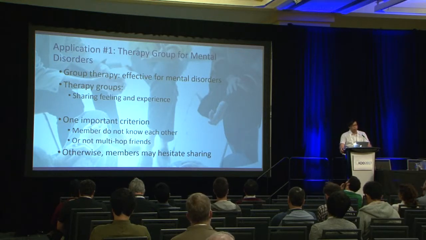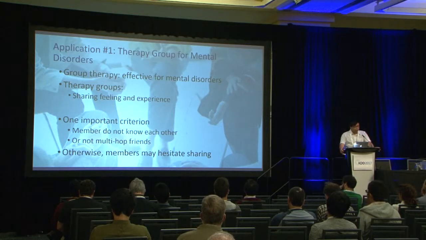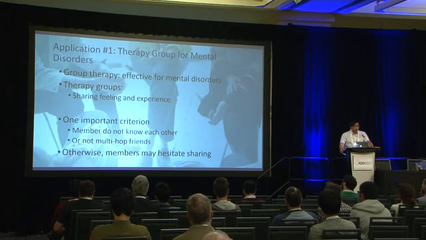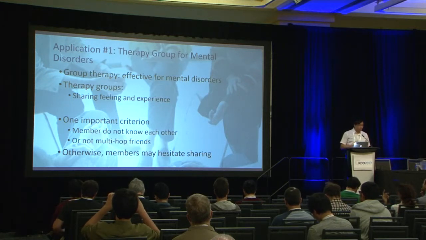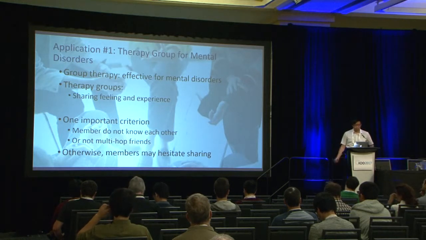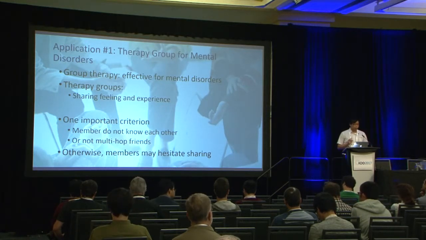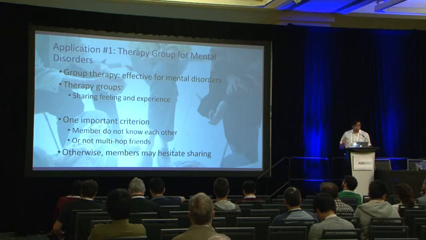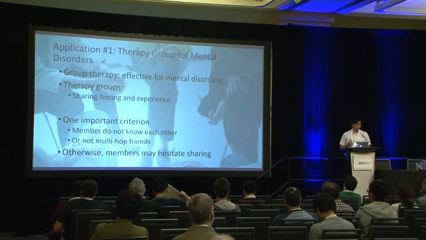The first one is about therapy groups for mental disorders. As we all know, group therapy is one of the most effective strategies for mental disorders, where the major functionality of therapy groups is that we allow the patients in the group to share their feelings and allow the other patients to provide social support and their help. However, there is one very important criterion. That is, members do not know each other, or they sometimes do not even have mutual friends.